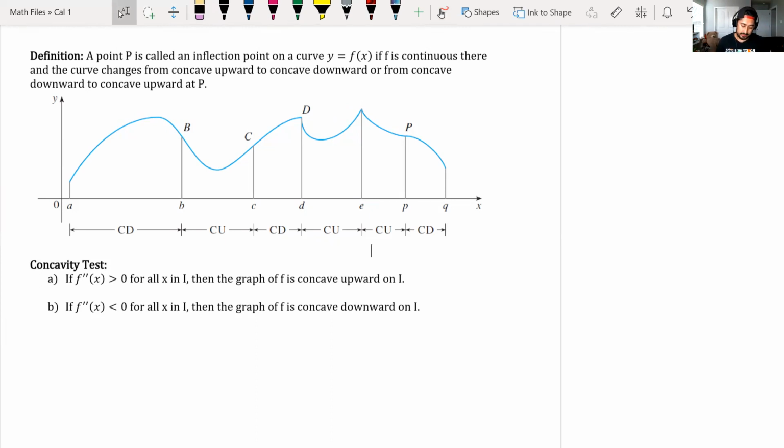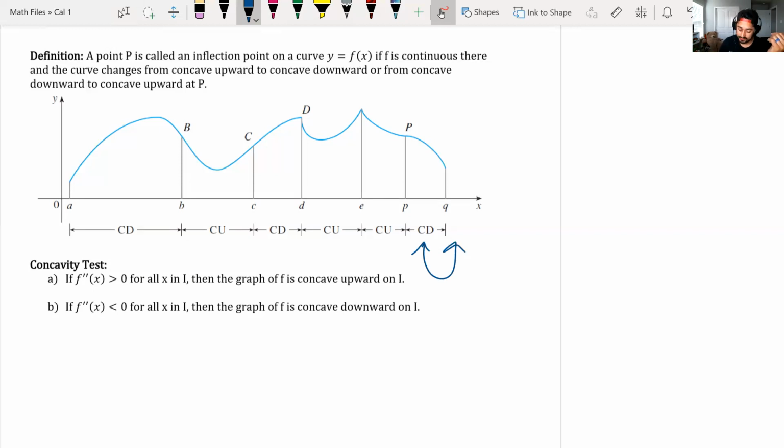So next is the concavity test. If the second derivative is positive on some interval, then the original function is concave up. If the second derivative is negative on some interval, then the original function is concave down. So that's all we're saying. If your second derivative is positive, you're concave up.